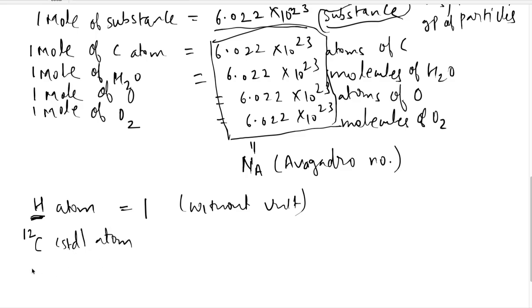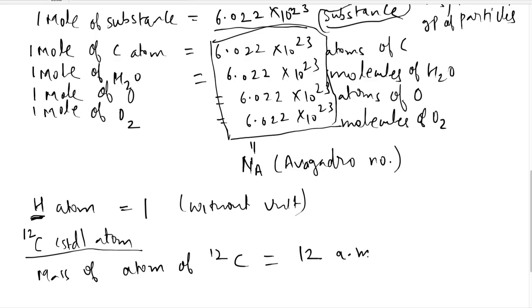And they considered the mass of one atom of carbon 12 as 12 AMU, or simply amu without dot. This is nothing but atomic mass unit.